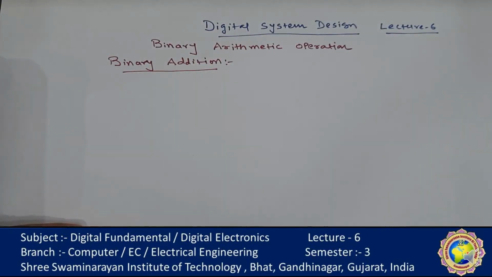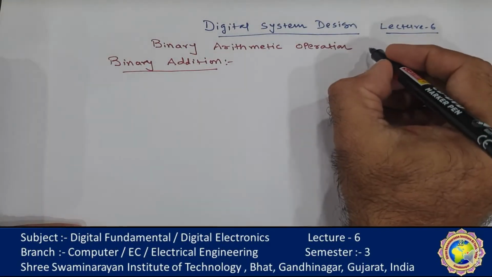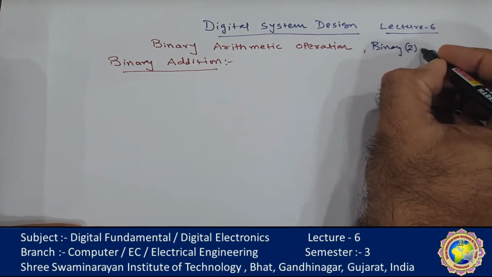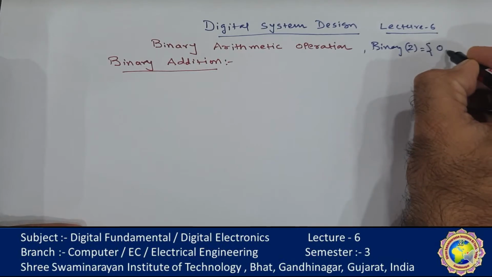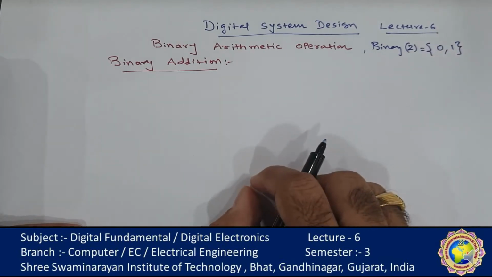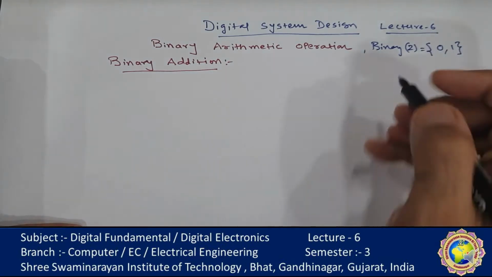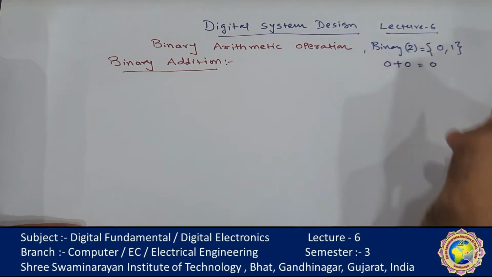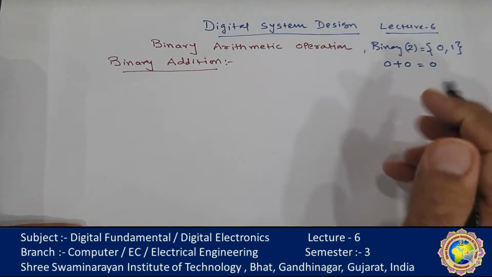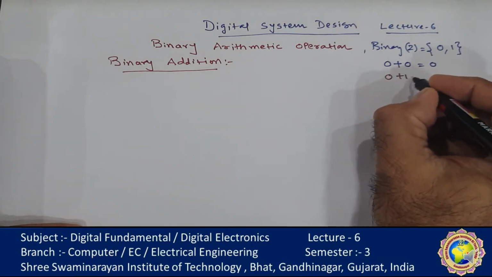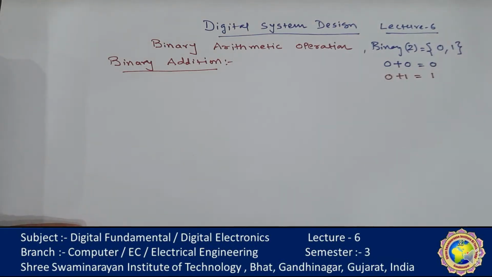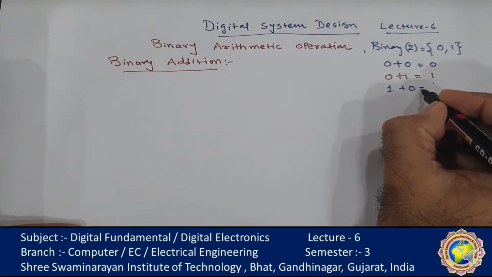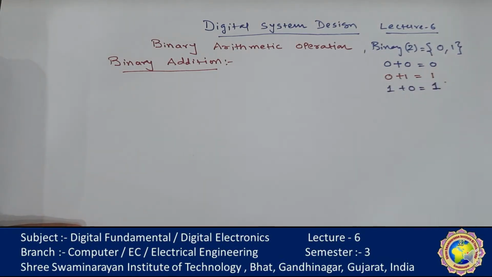Remember that in binary, the base is 2. So 0 and 1, only two numbers are allowed. This is the single digit number. So remember that 0 plus 0 is always 0. 0 plus 1 is equal to 1. 1 plus 0 is equal to 1.